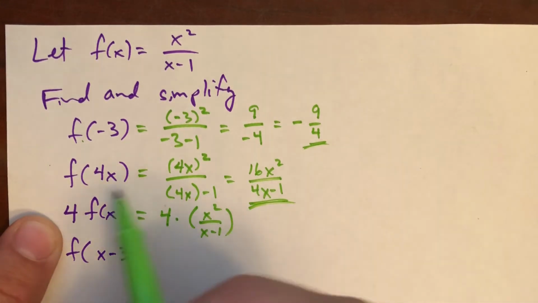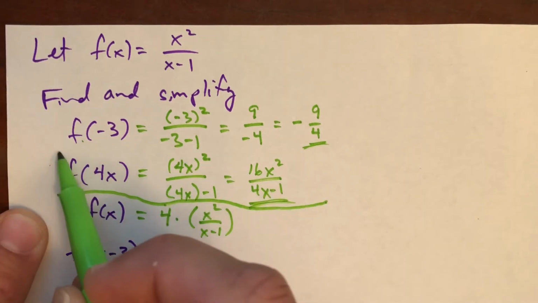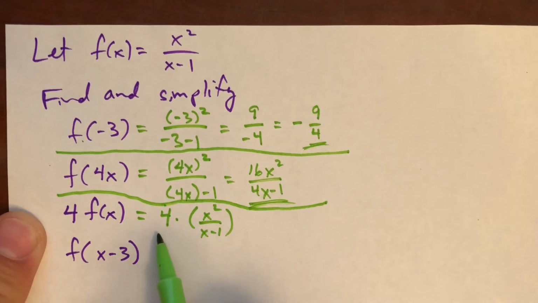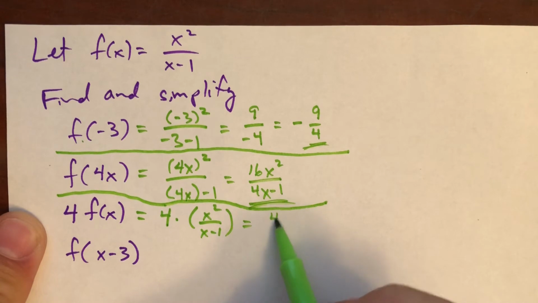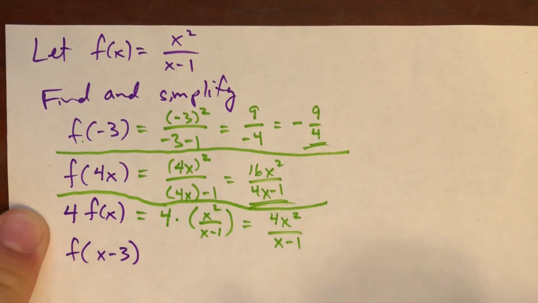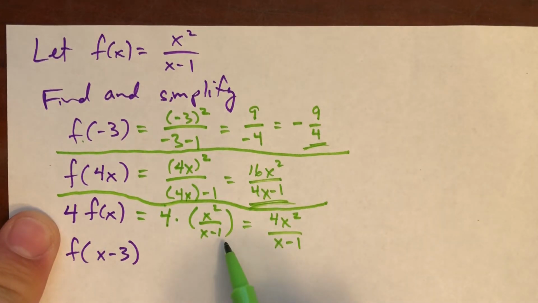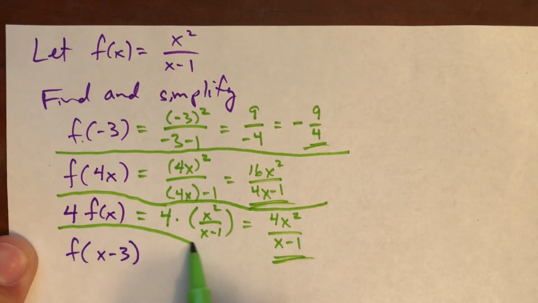What it probably wants us to do is put that 4 in the numerator, and then we're finished, because we're just taking 4 times our function. So we've got 4x squared over x minus 1, and we're done with that one.